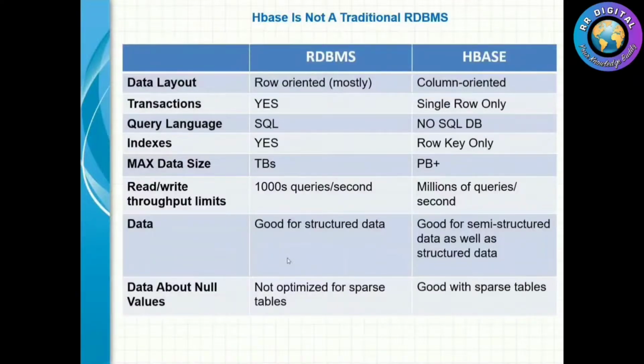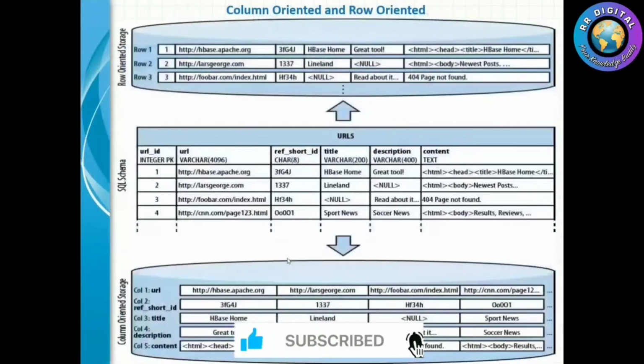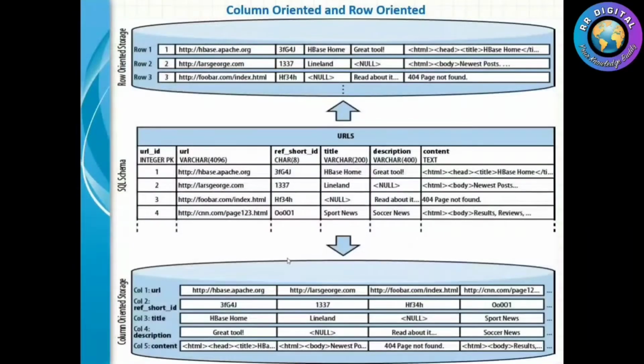About null values, we already discussed, right? HBase is good with sparse tables, meaning it will not allow you to insert null records, but an RDBMS is not optimized for that and will allow it.